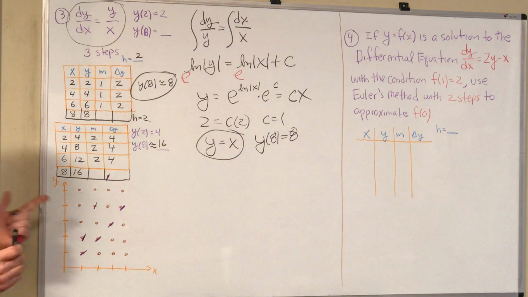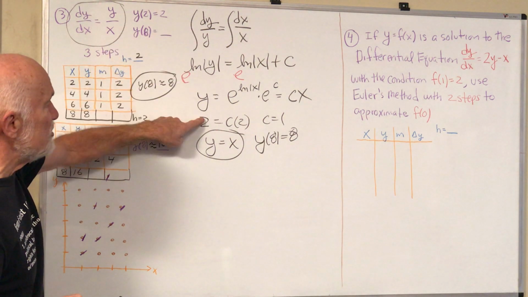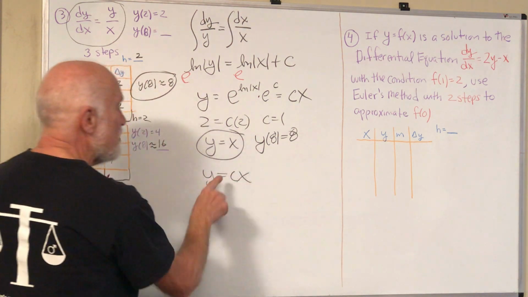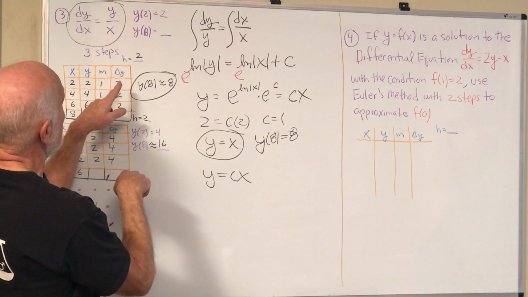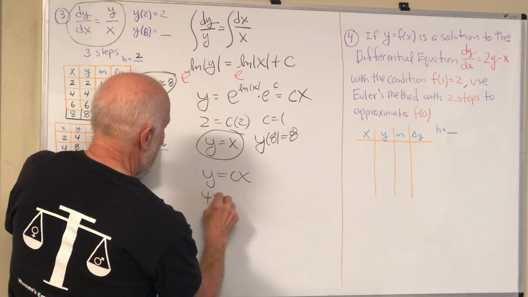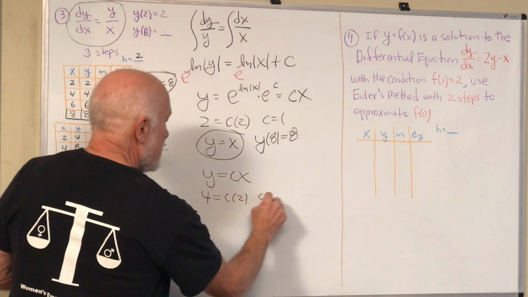Now, what would be the only difference in this second one? It's the same differential equation, so I'd still get y equals cx, but now I would put in my initial condition of 2, 4, and I would get that c equals 2.